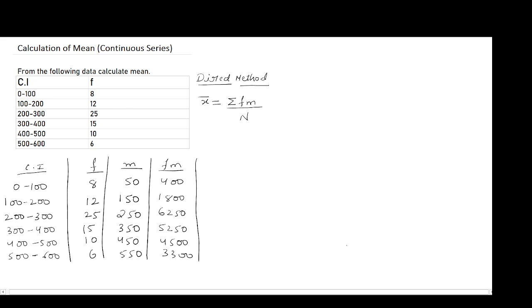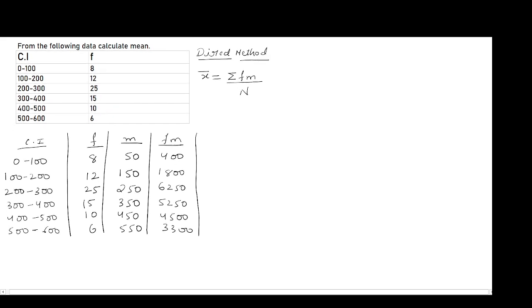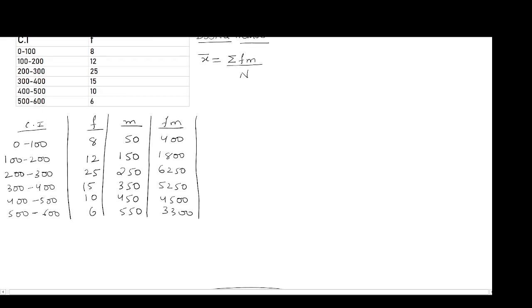So this is how fm should be calculated, by multiplying frequency values with midpoint values.